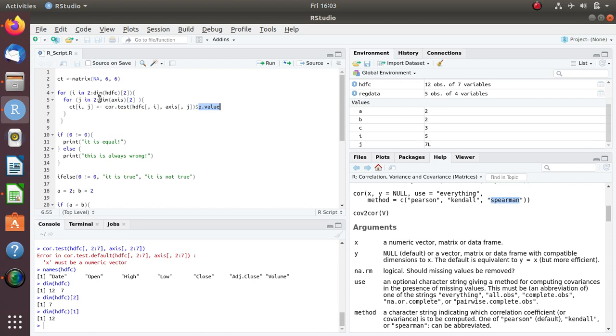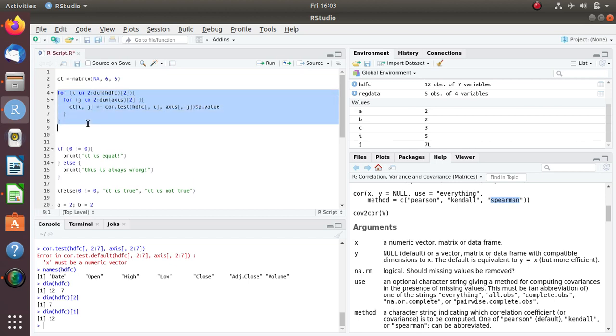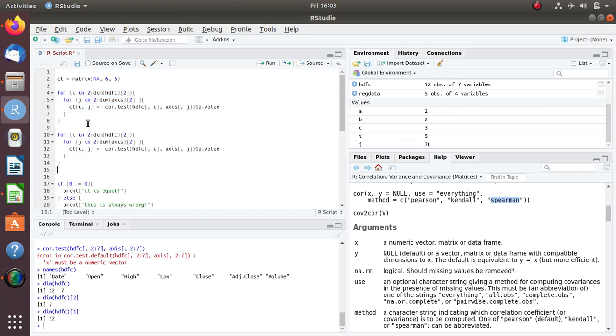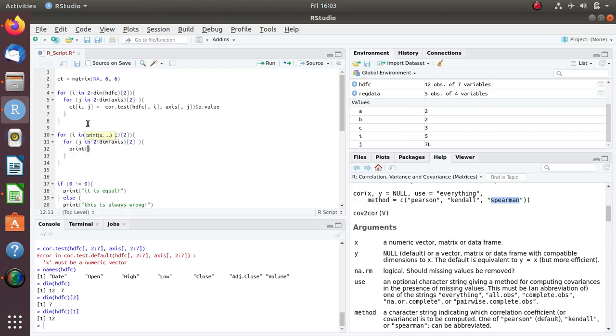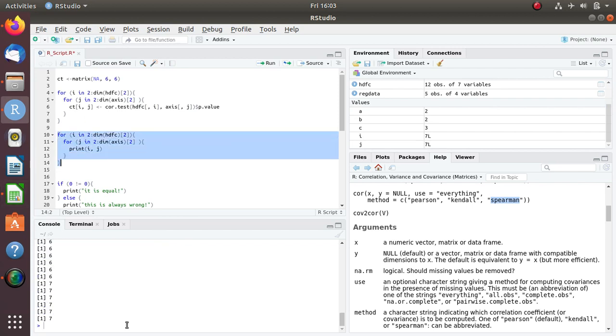That is the meaning of this nested loop. Now I just try to show you this. Suppose I remove this and simply print i comma j. Let's see what's going to happen. You see, you got all these values.